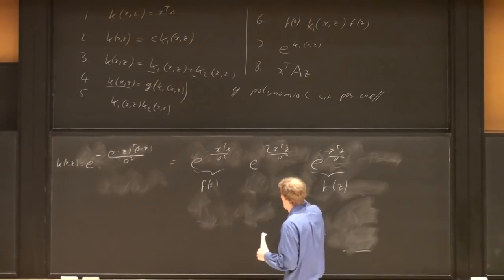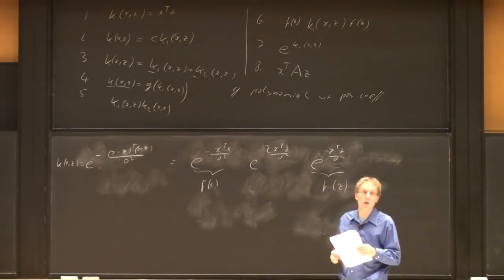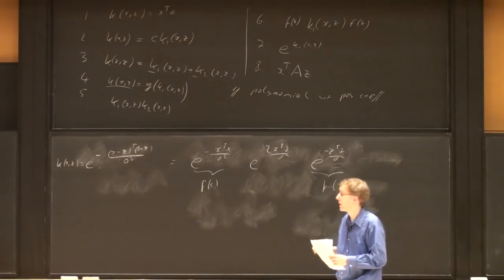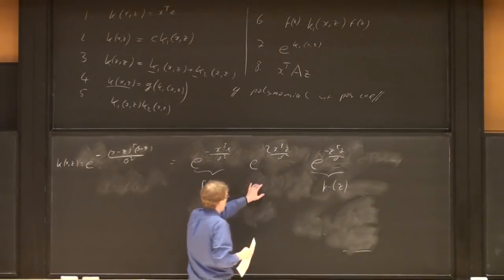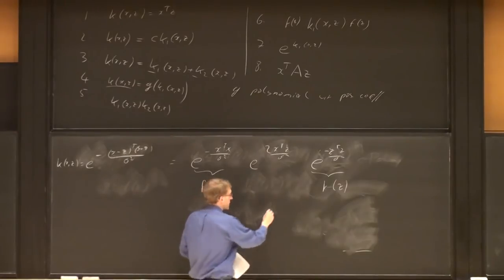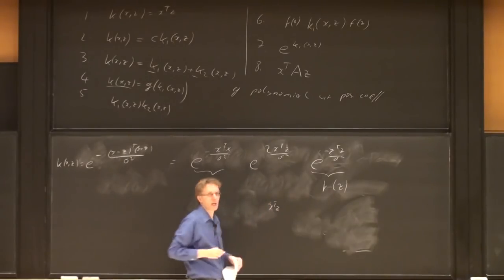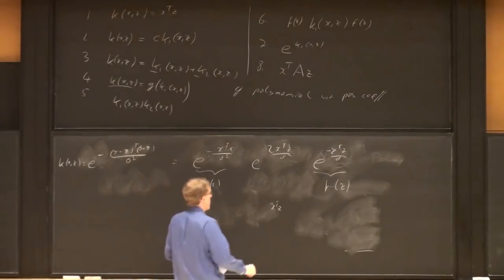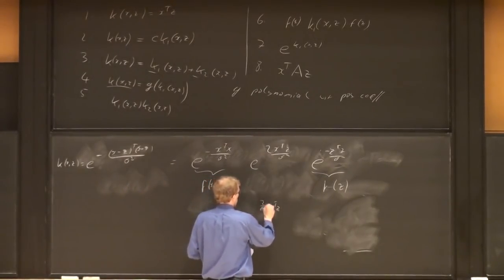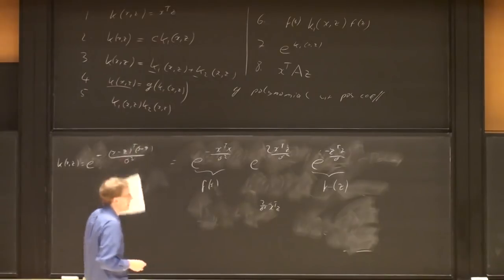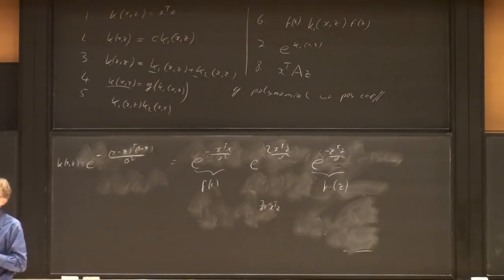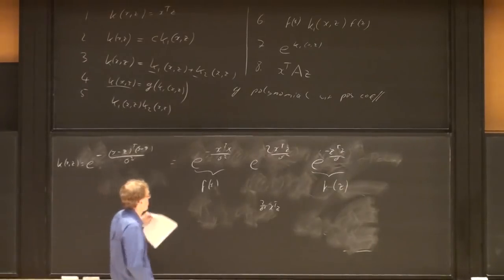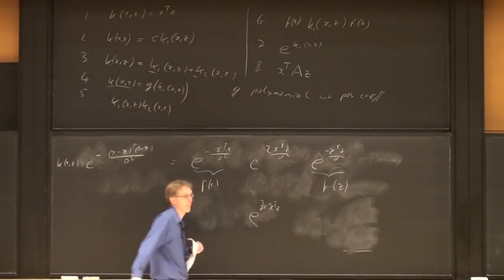That's exactly right. So let me explain it one more time for those people who thought this was a little fast. You start with x transpose z, the linear kernel. That's rule number 1, a well-defined kernel. Then I multiply this by 2 over sigma squared. That's rule number 2: if you multiply with a positive constant, it's still a kernel. Then I use rule number 7, where I exponentiate it.